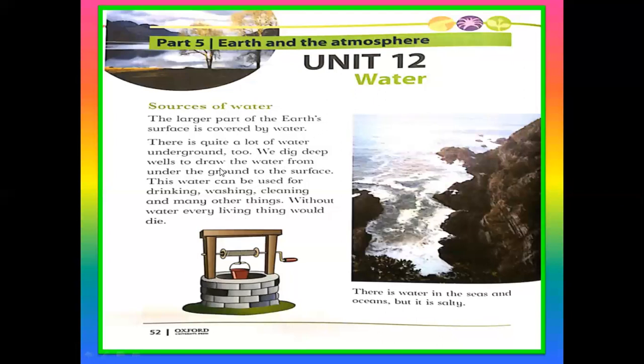The larger part of the Earth's surface is covered by water, because we know that the largest part of our Earth, this planet, is covered by water. More than 70% of the area of the Earth is covered by water. And what are the sources and from where you can see, I will tell you now in the next page.